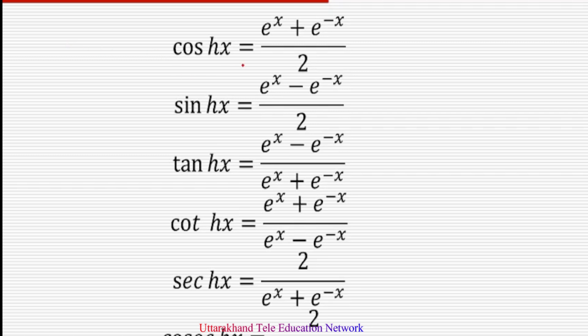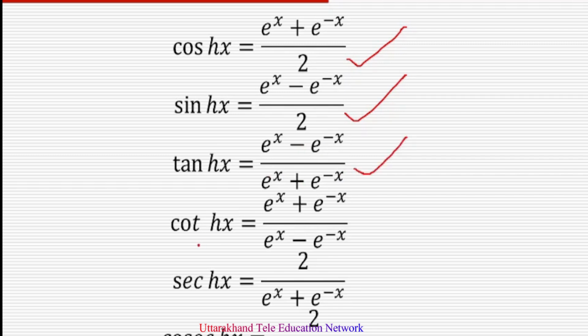Hyperbolic cos x is e raised to power x plus e raised to power minus x over 2, and hyperbolic sin x is e raised to power x minus e raised to power minus x over 2, and hyperbolic tan x is again sin hyperbolic x over cos hyperbolic x, that is e raised to power x minus e raised to power minus x over e raised to power x plus e raised to power minus x.